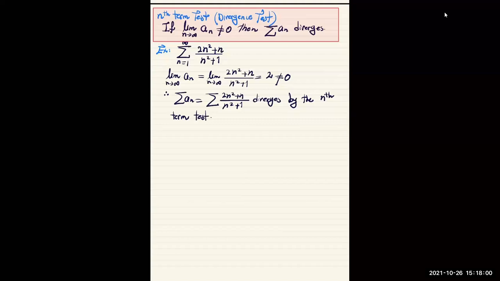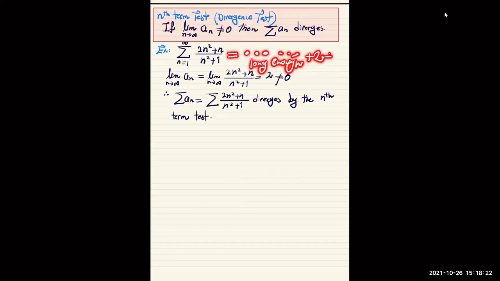So what this means is that if you write out the terms of the series, when you go long enough, the terms become 2 eventually.